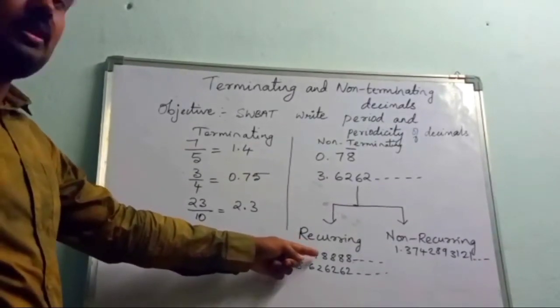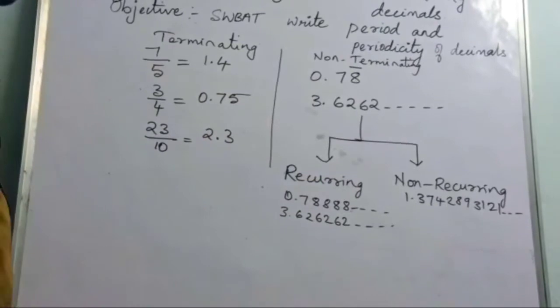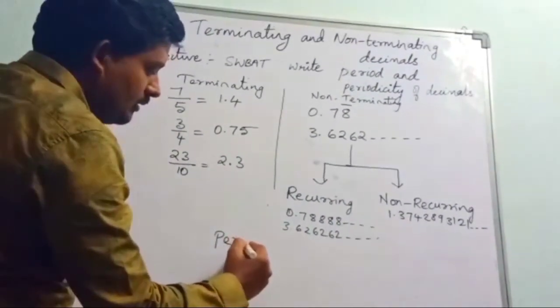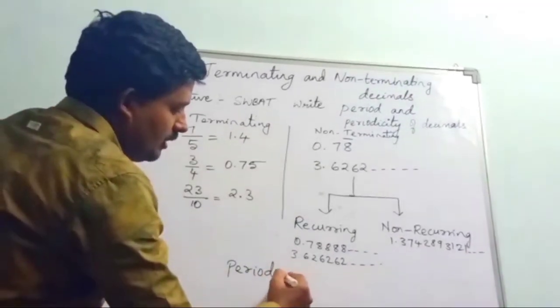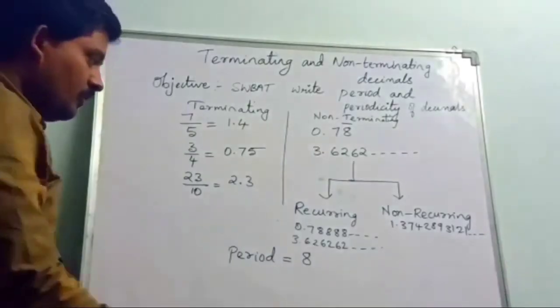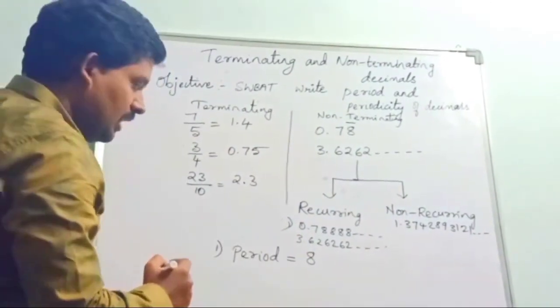We will have a close look at this. Now in this, 8 is being repeated. So the one which is being repeated is called period. What is that called? Period. So period is 8 for the first one.